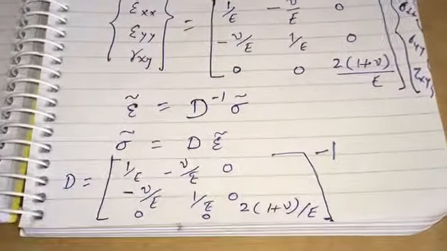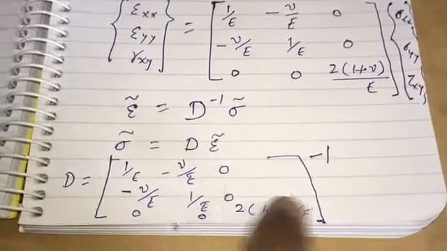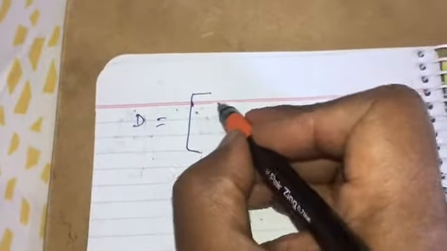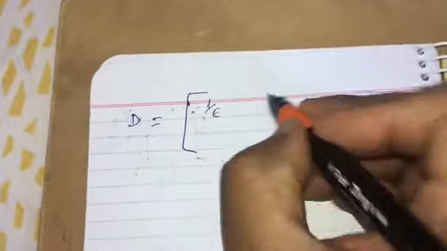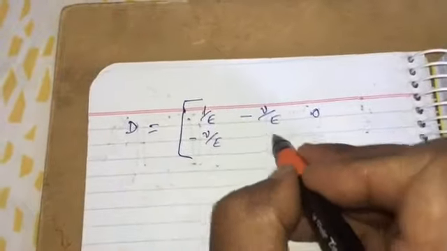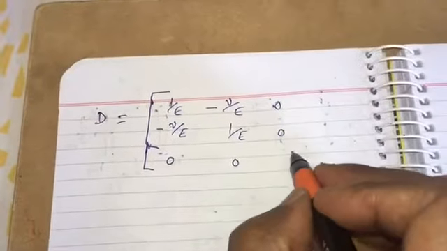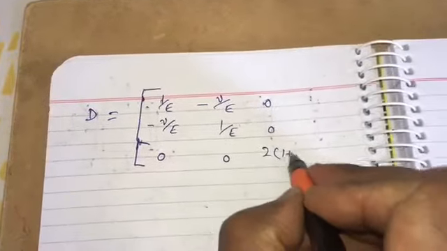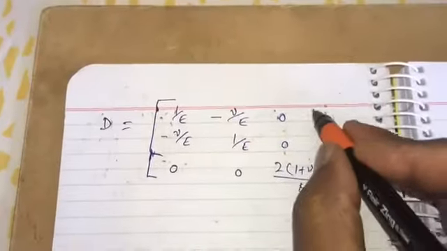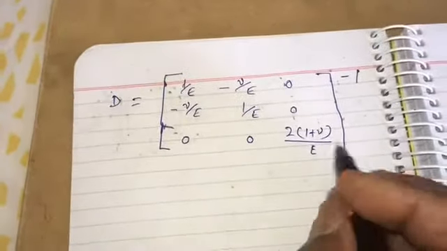So D will be this matrix to the power minus 1, indicating the inverse of this matrix. So D is the inverse of 1 over E, minus nu over E, 0, minus nu over E, 1 over E, 0, and 0, 0, and you have 2 times 1 plus nu over E, so inverse of that. So we can easily find out the inverse of this matrix.